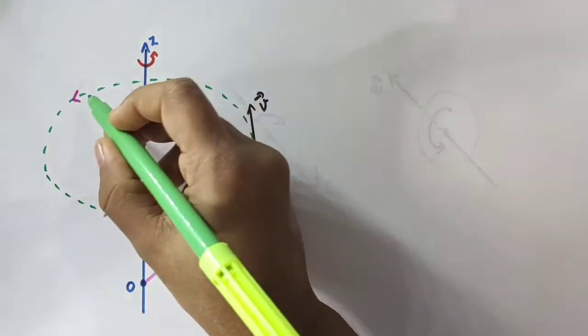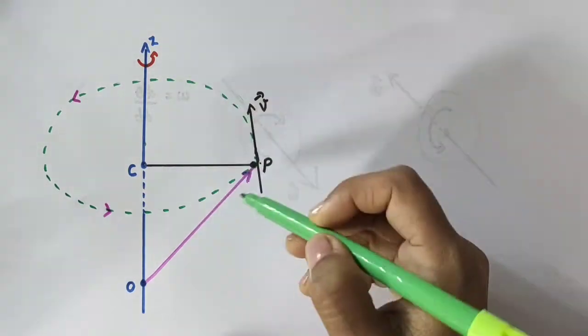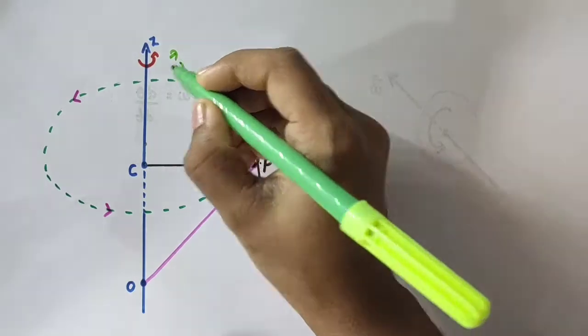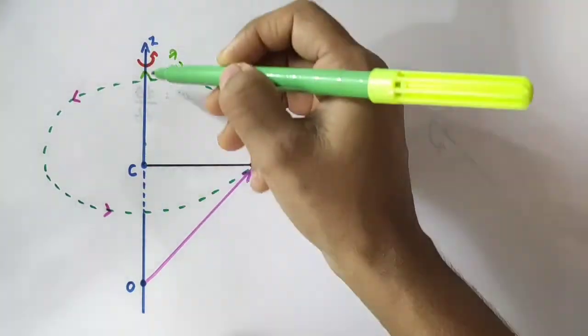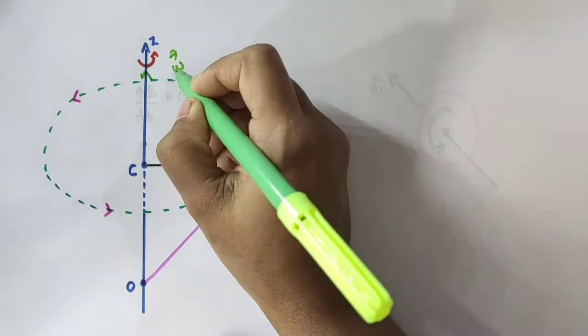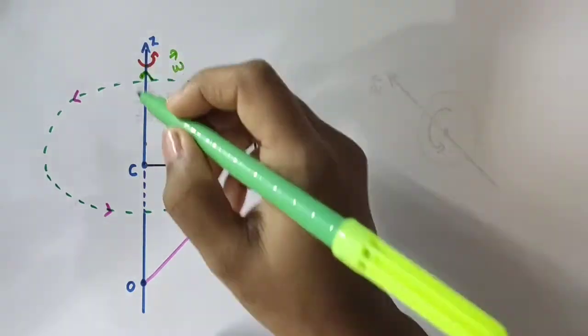So the particle is also moving in the anti-clockwise direction about a fixed axis. The angular velocity vector omega will be along the axis of rotation and pointed out like this.